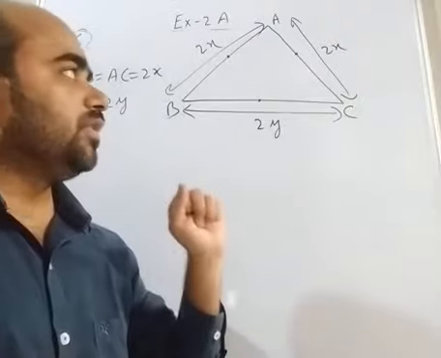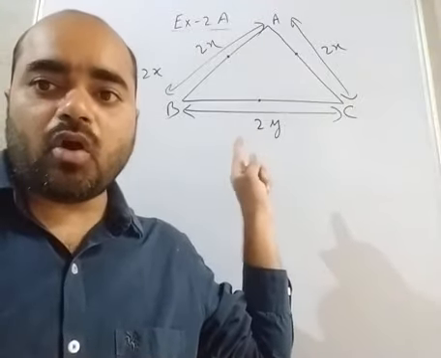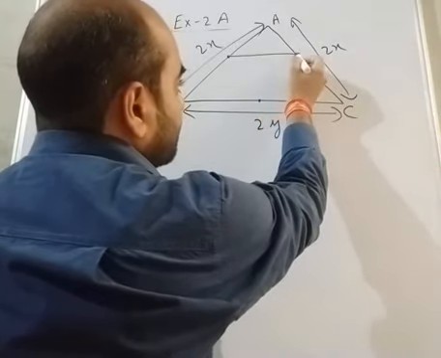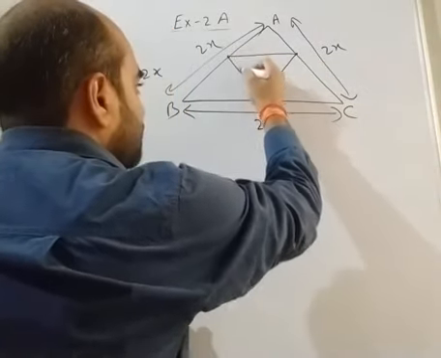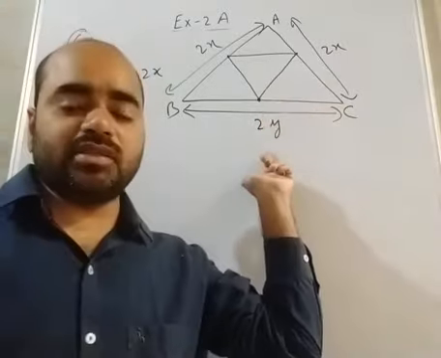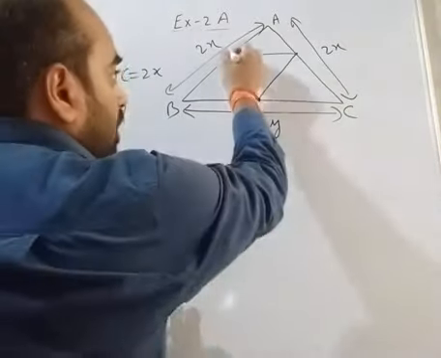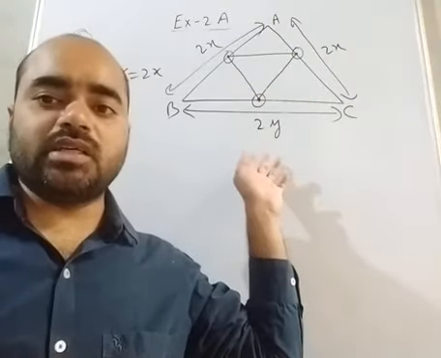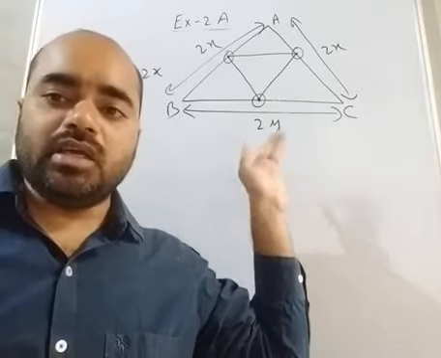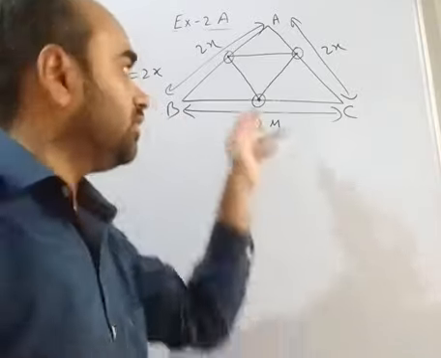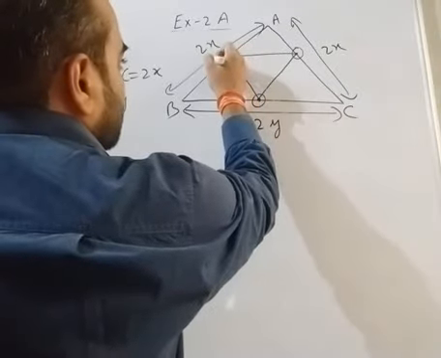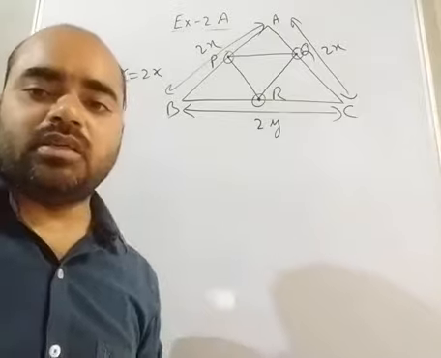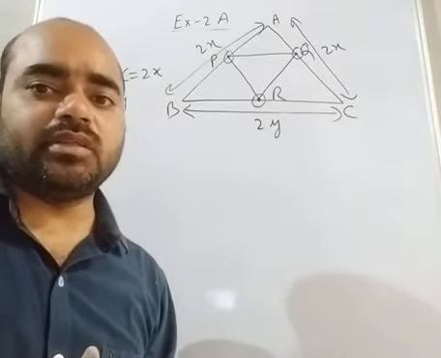Then we have to prove that the triangle obtained by joining the midpoints of the sides of an isosceles triangle is also isosceles. Now we have taken the midpoints here. Suppose the midpoints are P, Q and R. Again we have to apply the midpoint theorem.